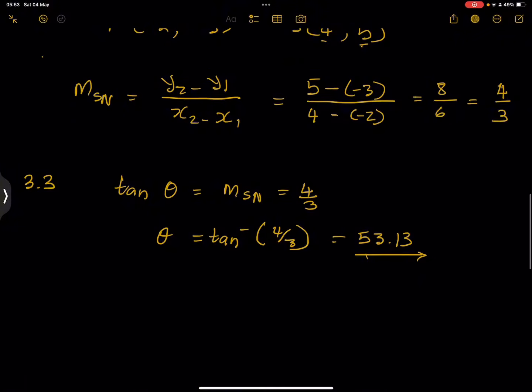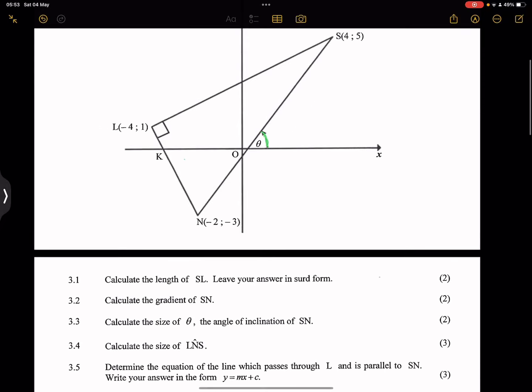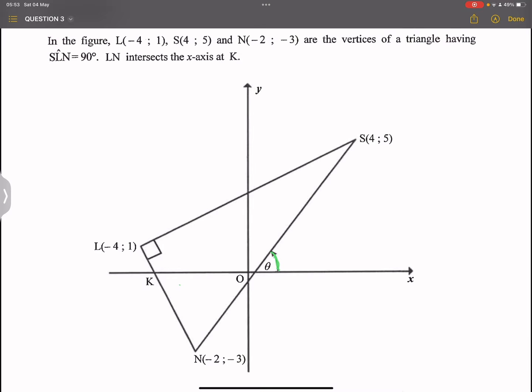All right, now let's go to the next question, 3.4. They want us to calculate the size of angle LSN. If we go to our diagram, LSN is actually this angle over here. Well, we can do it this way, ladies and gents.